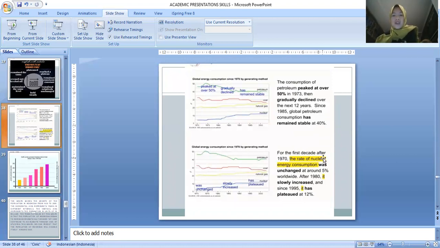For the first decade after 1970, the rate of nuclear energy consumption was unchanged at around 5% worldwide. After 1980, it slowly increased, and since 1995, it has plateaued at 12%.